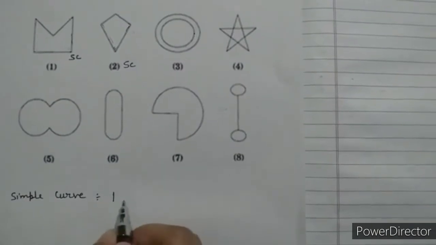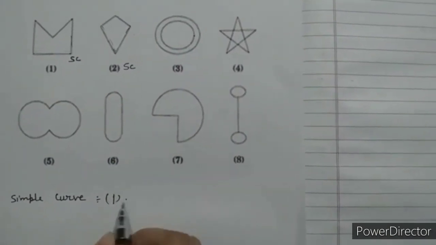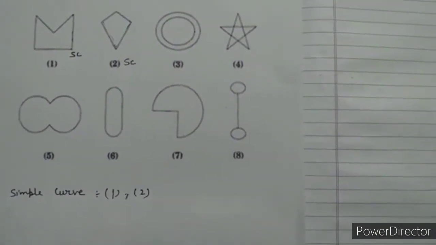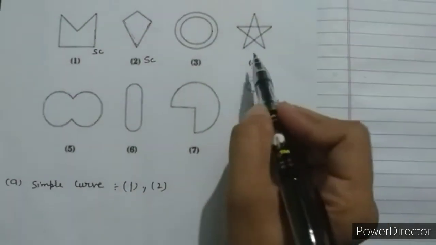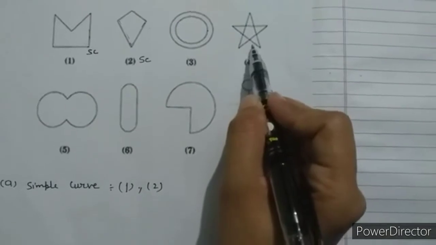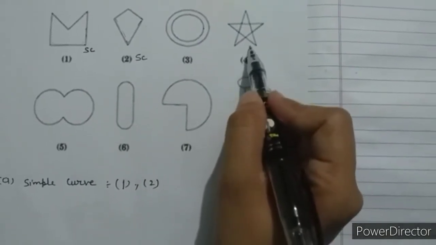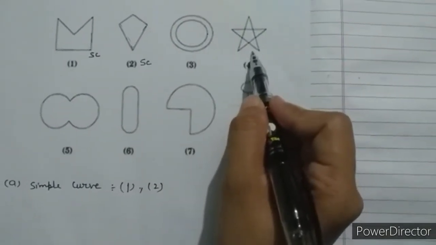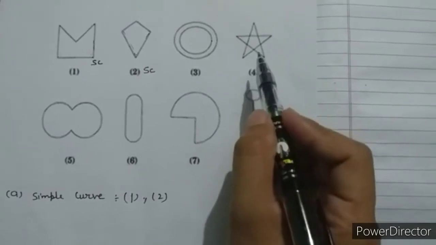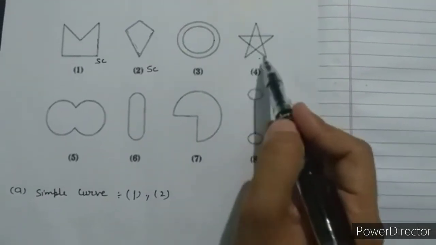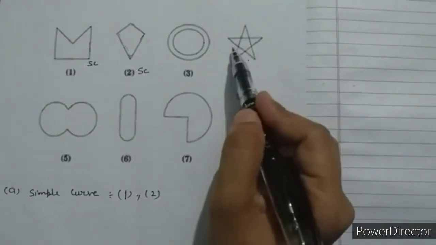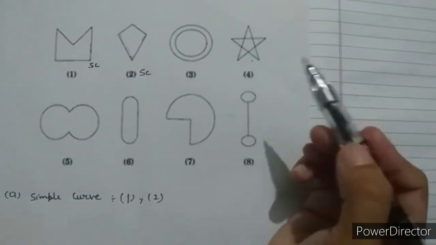So figure number 1 is a simple curve, figure number 2 is a simple curve, but figure number 3 is not a simple curve. And here figure number 4 is a kind of star, and it is not a simple curve, because if I want to draw this star, then I have to lift my pen.